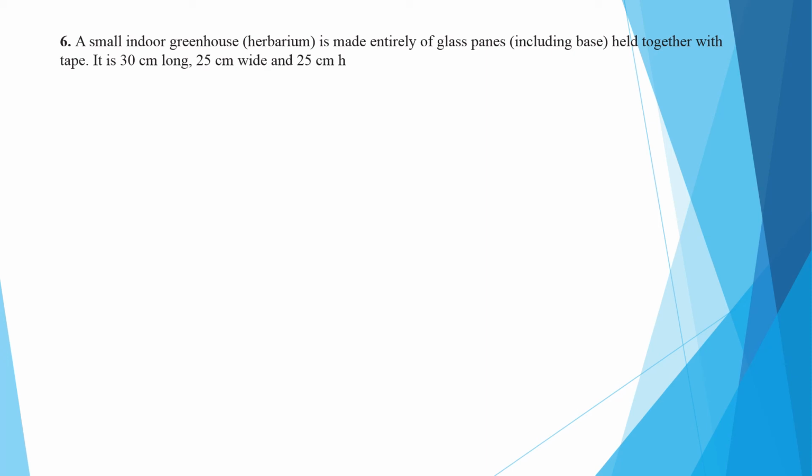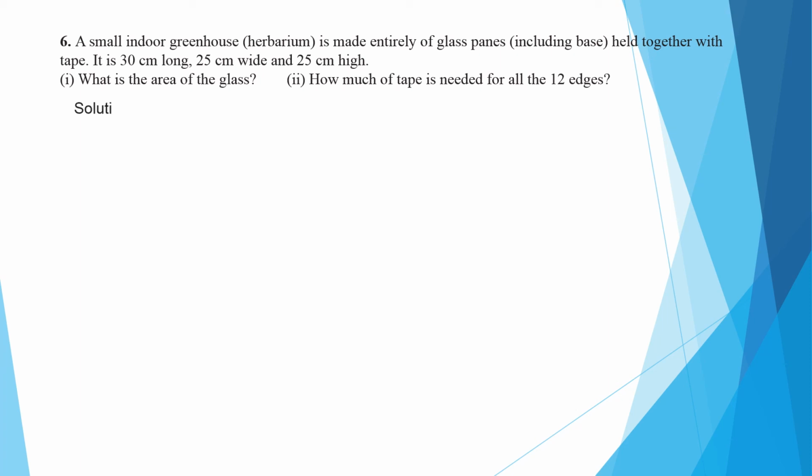It is 30 centimeter long, 25 centimeter broad or wide, 25 centimeter high. What is the area of the glass? How much tape is required for all 12 edges, means how much tape is required to cover all those 12 edges. Here it is including the base also.